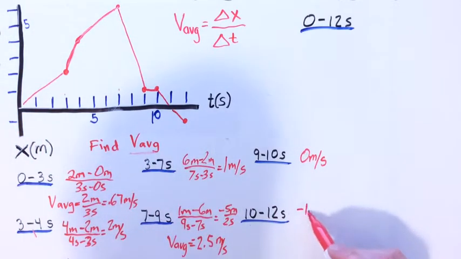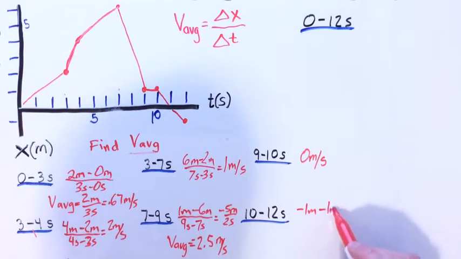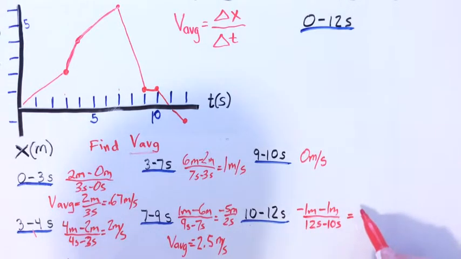So minus 1 meter minus 1 meter, divided by 12 seconds minus 10 seconds. So we get a negative 2 over 2, which equals negative 1 meters per second.